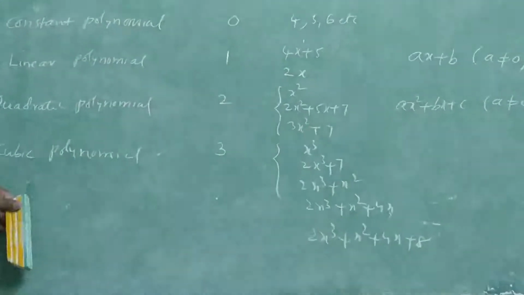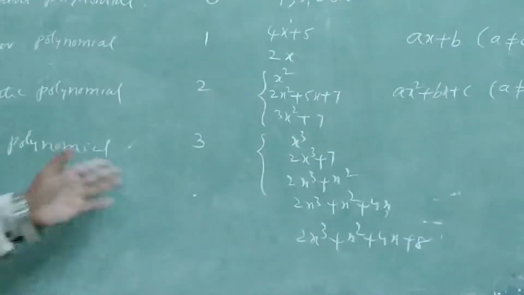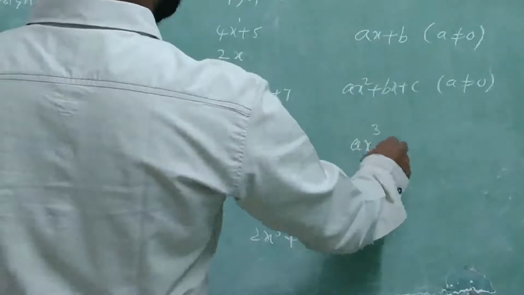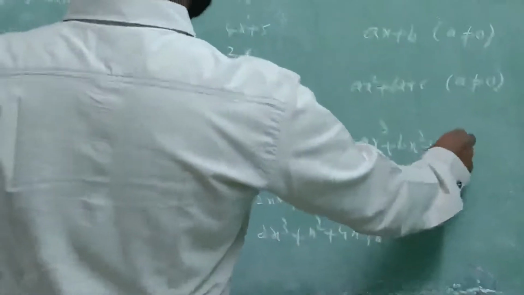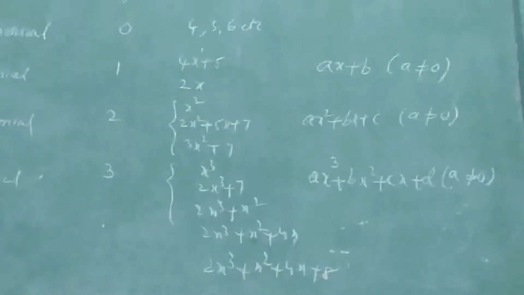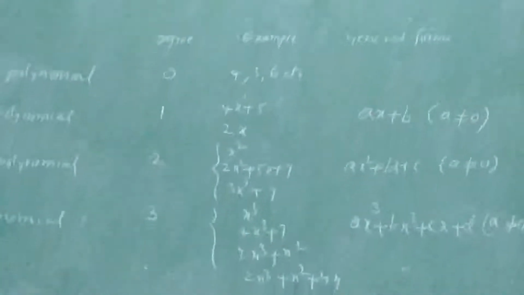Like this you can give examples of cubic polynomials. Now the general form of a cubic polynomial is ax cube plus bx square plus cx plus d, where a is not equal to 0. And the fifth one is biquadratic polynomial.